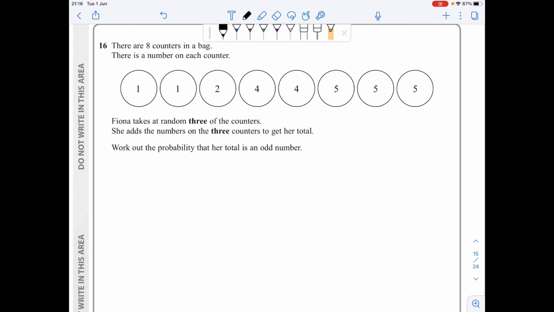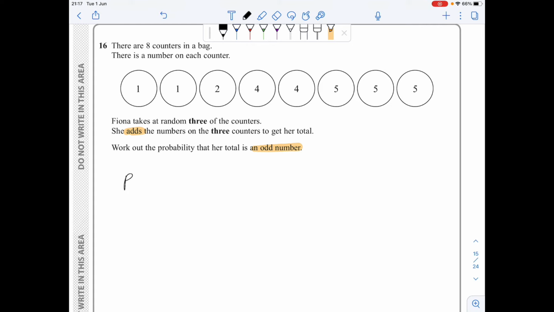In question 16, I select 3 counters out of the 8. I add the 3 numbers, and I want the total to be an odd number. Note that when I add 3 numbers, for the total to be an odd number, I only have 2 possible combinations: either 3 odd numbers or 1 odd number and 2 even numbers.